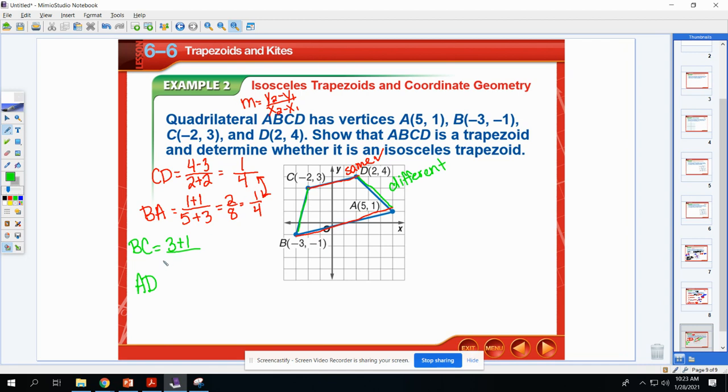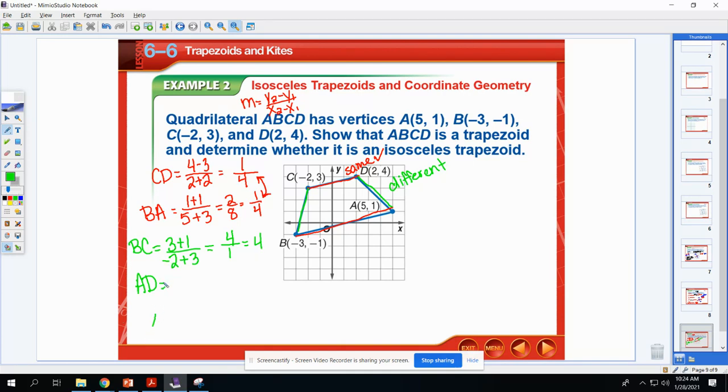And for C, we're going to start with negative 2 minus a negative 3, negative 2 plus 3. So reducing, 3 plus 1 gives us 4, negative 2 plus 3 gives us 1. So BC is a slope of 4.